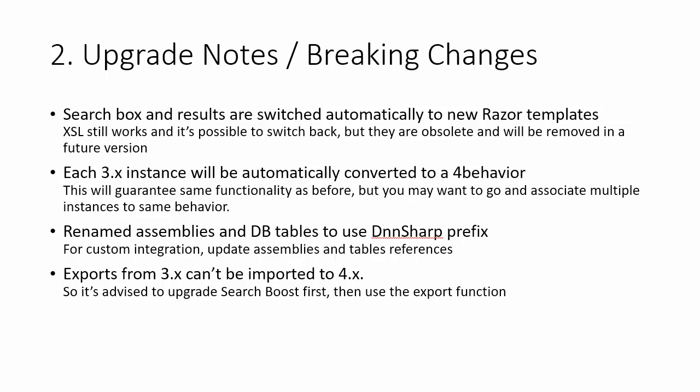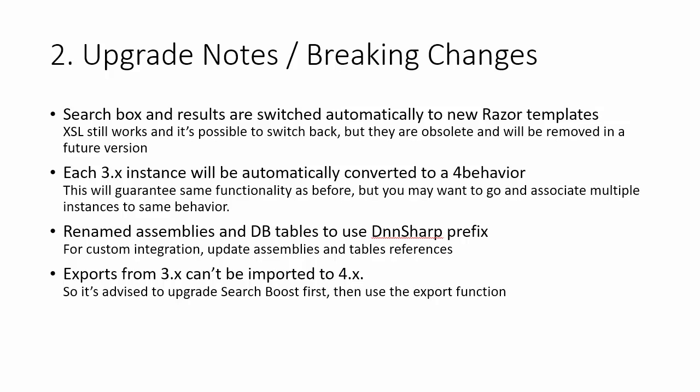And each of the other three behaviors will each contain one of the instances. And then you may want to reassign these instances around to have as few behaviors as possible. The fewer behaviors you have, the faster the indexing will run, because each behavior basically is a search index that runs the entire logic for indexing content, storing content, and producing results.